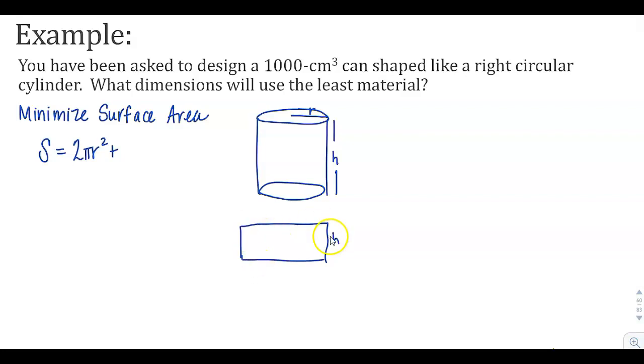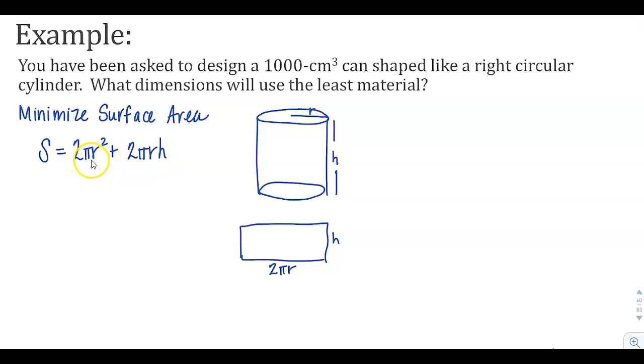So the side of the rectangle here would be that height h, and then all the way around, which is this base here of the rectangle, would be the circumference of a circle. And the circumference of a circle is 2 pi r. So that means that the surface area is 2 pi r h of the area around the side of the can. So plus 2 pi r h. So this is the equation that we are trying to minimize.